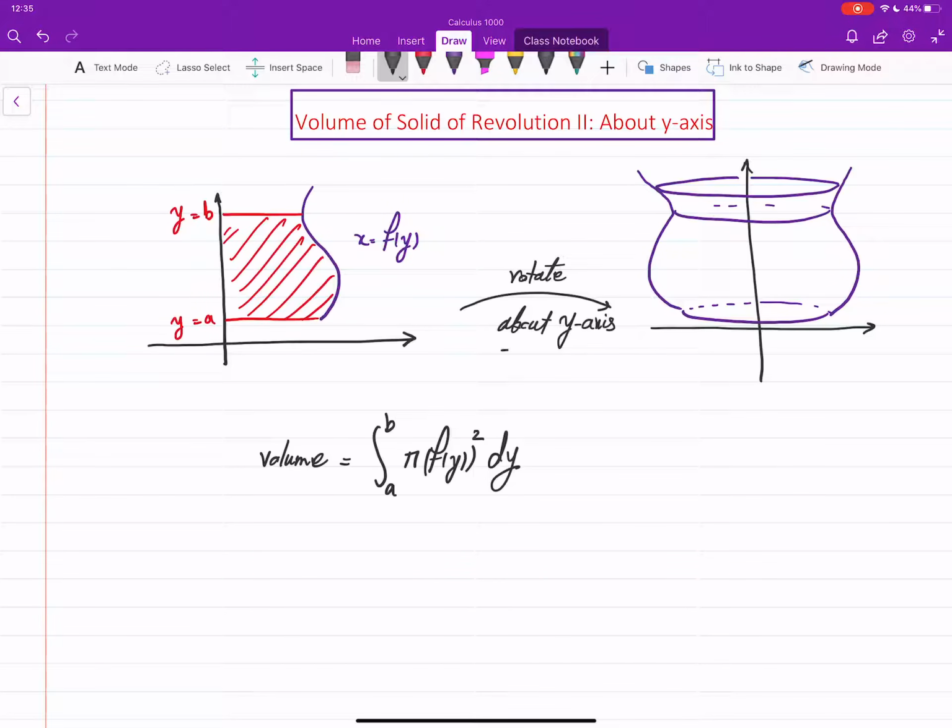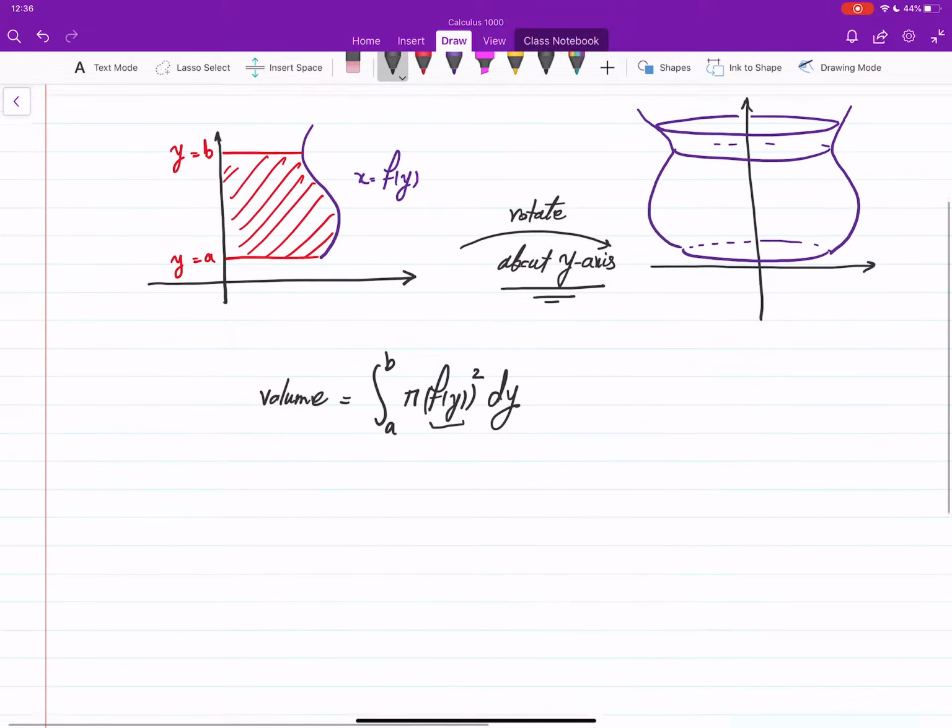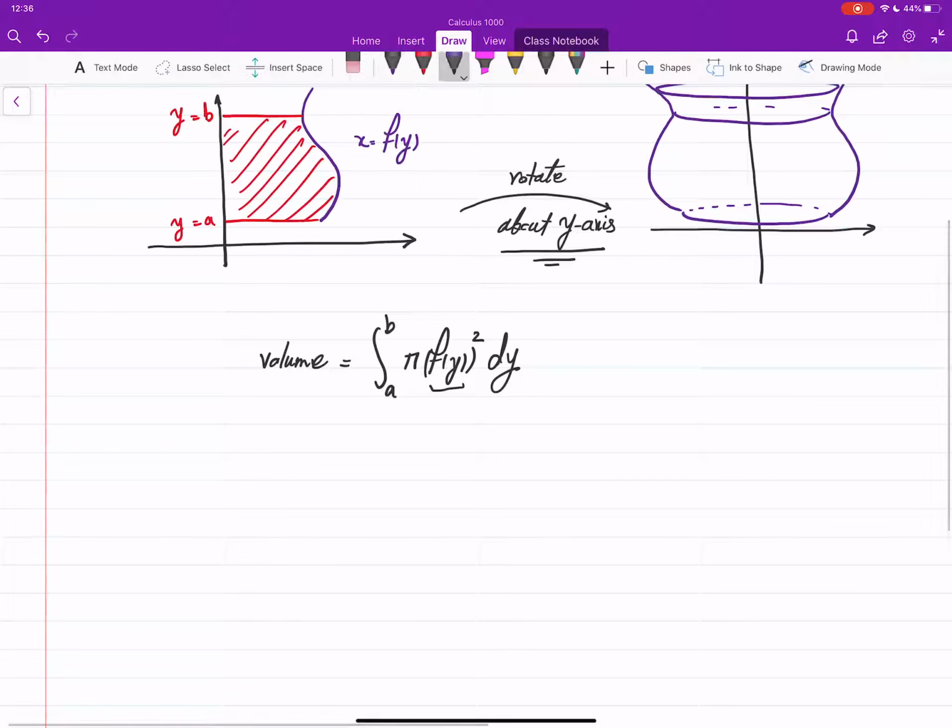When we obtain the object by rotating a region about the y-axis, the integral which gives us the volume is going to be a y integral. So we write x as a function of y, square it, multiply by pi, integrate with respect to y. So let's see this in some examples.